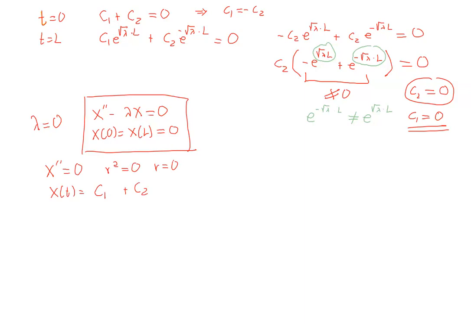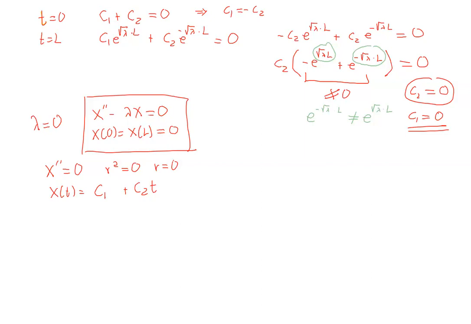It's exactly the same thing. Okay, so now we're asking the same question. Can we find C1 and C2, at least one different from 0, that will give you a non-zero solution?